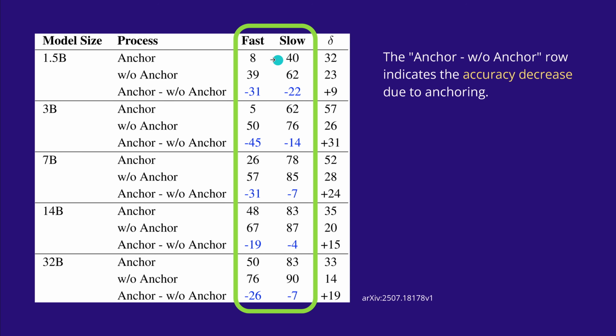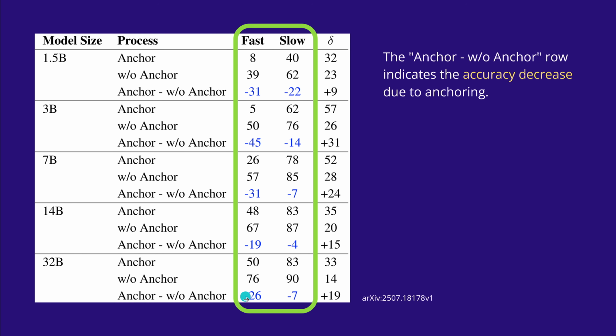So in general, if you compare here now the slow thinking to the fast, give me the answer immediately, there is a significant performance difference. Yeah? But it also shows you here, if you just take here the difference, that here the fast system is much more sensitive to anchors.